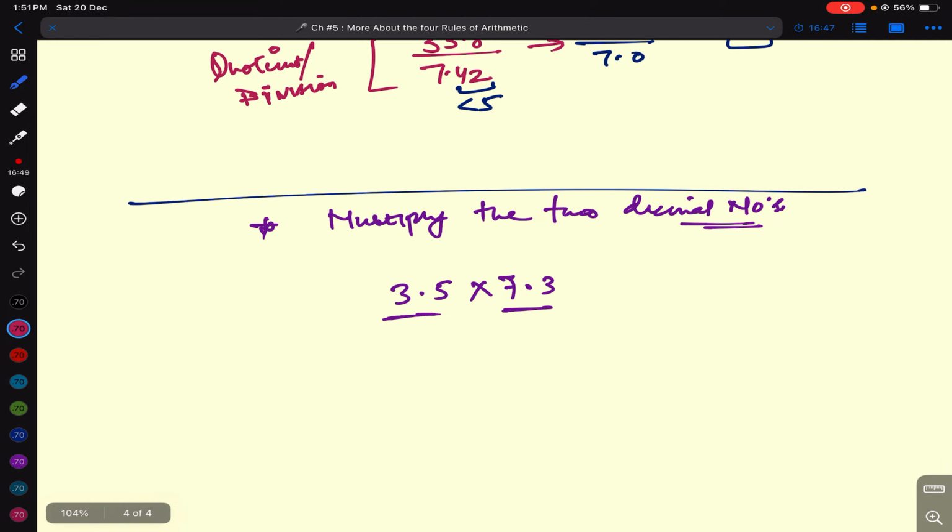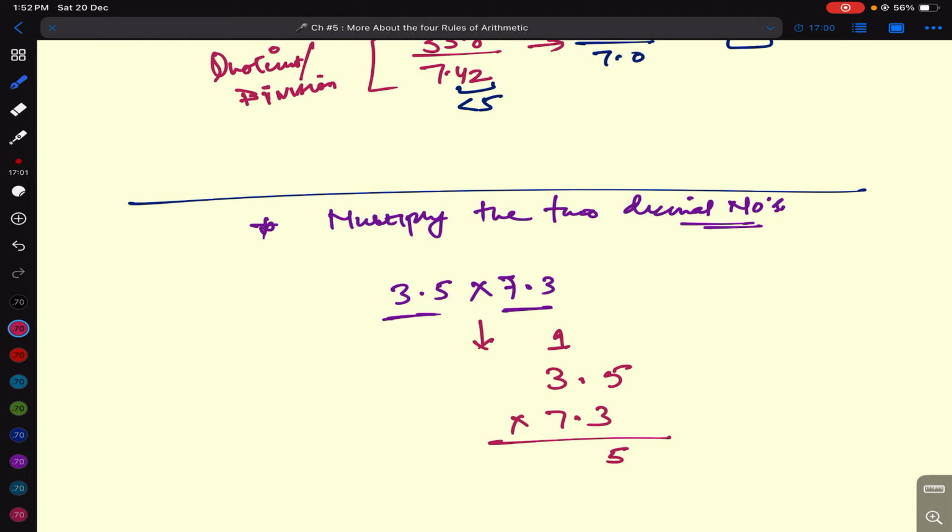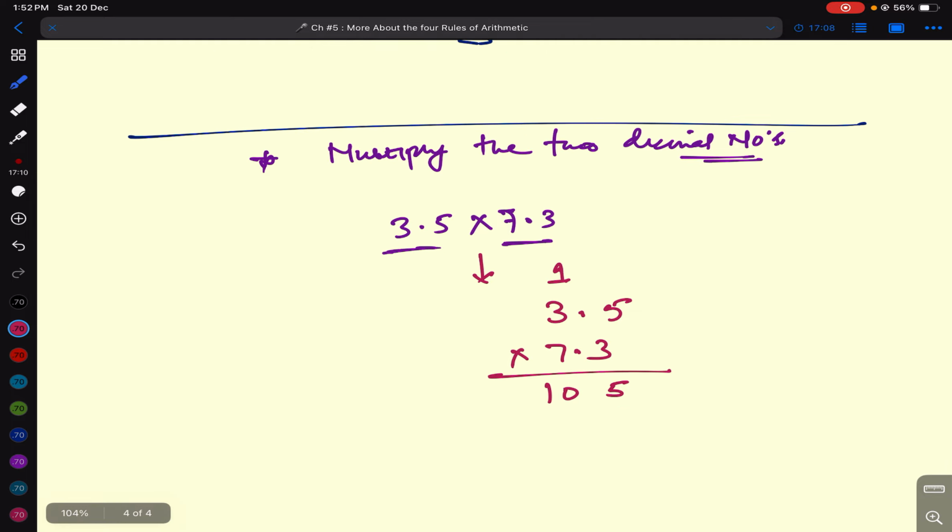So first we will perform the actual multiplication. So let's do that. First I'll be multiplying 5 with the 3, so that will be 15 with the 1 carry, right? Then 3 will be multiplied with 3 with the carry 1, so that is 10. Now 7 will be multiplied.